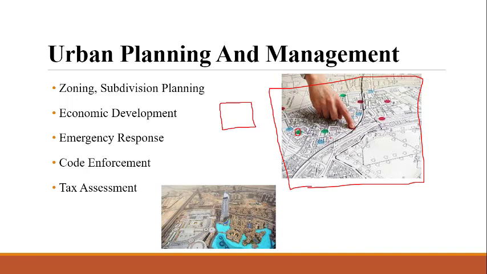For example, if you want to see where it is located on the map, by the help of GIS we can see the special properties, that is attributes, of that object or that land. It can be useful for zoning, subdivision planning, economic development, emergency response, code enforcement, and tax assessments.